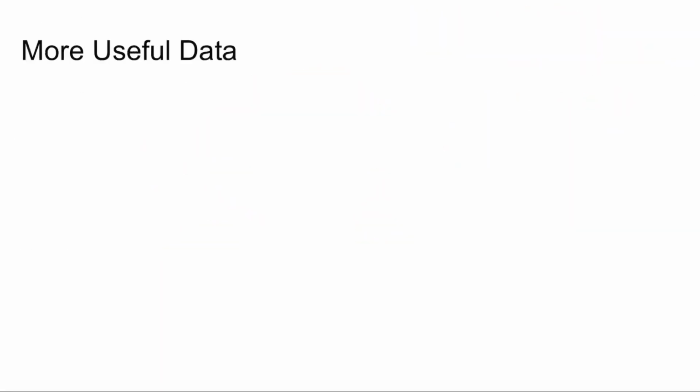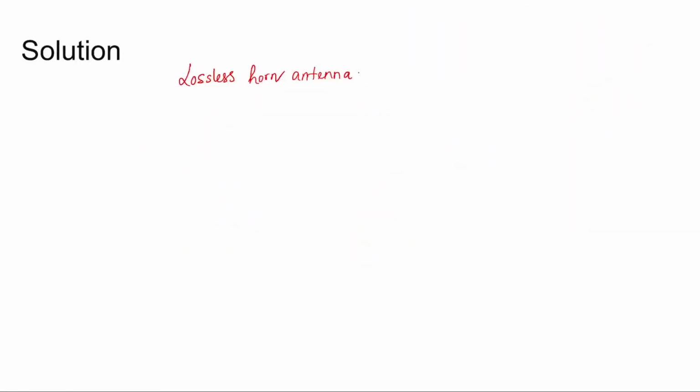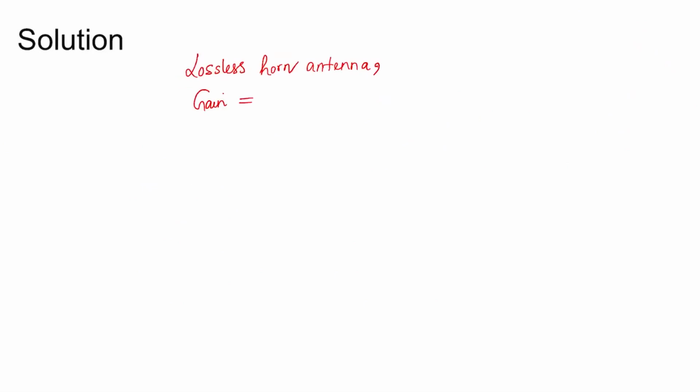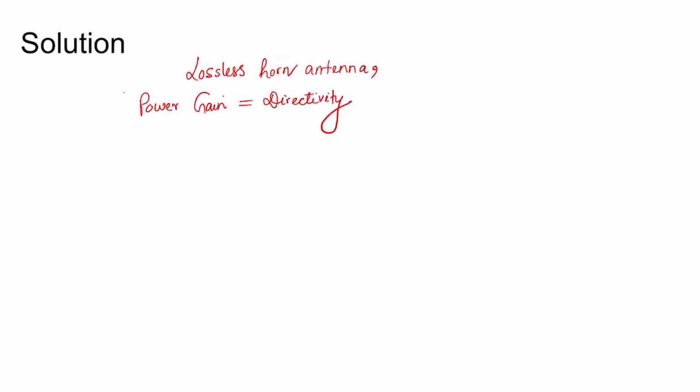Since it is lossless, the directivities of the transmitting and receiving antennas are given. Gain and directivity are equal, that is the power gain. Now directivity is given, so you find the gain from there.